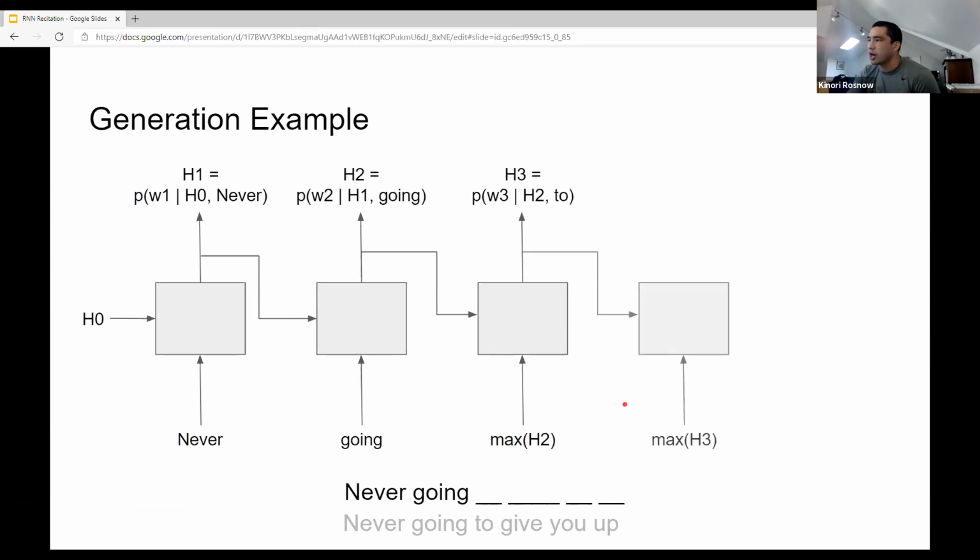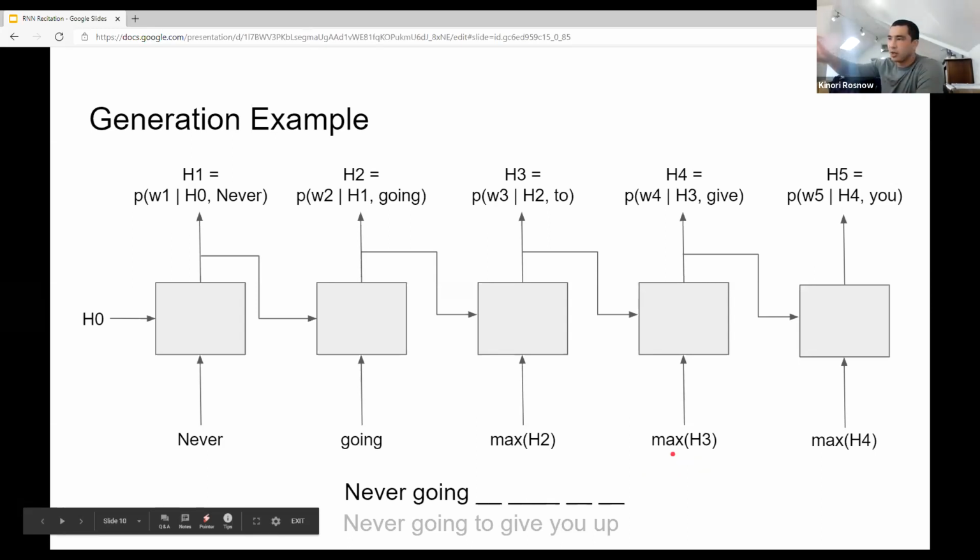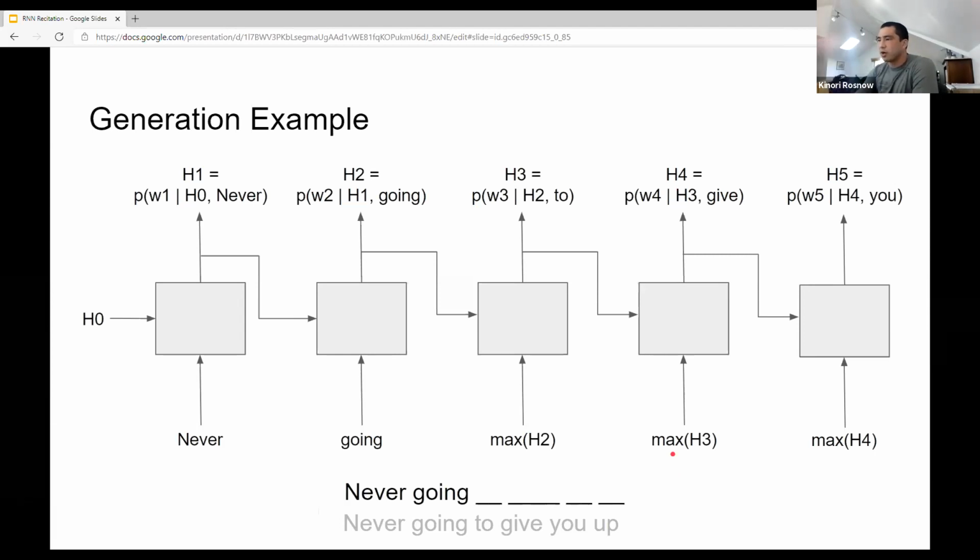And so you can continue to generate this way, more and more. But as you can see, if H2 or H3 here is slightly off and it gets the wrong word at those locations, it will quickly start to diverge and go off into some weird direction in the language model, and might have trouble recovering from that.